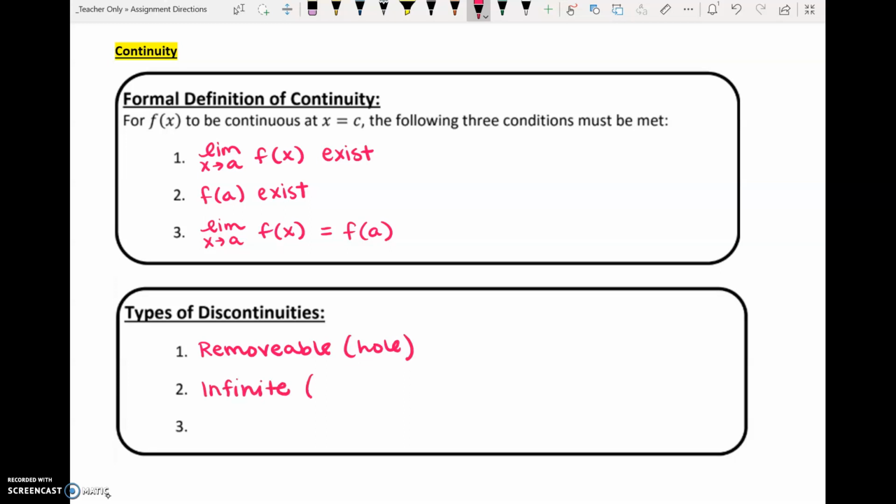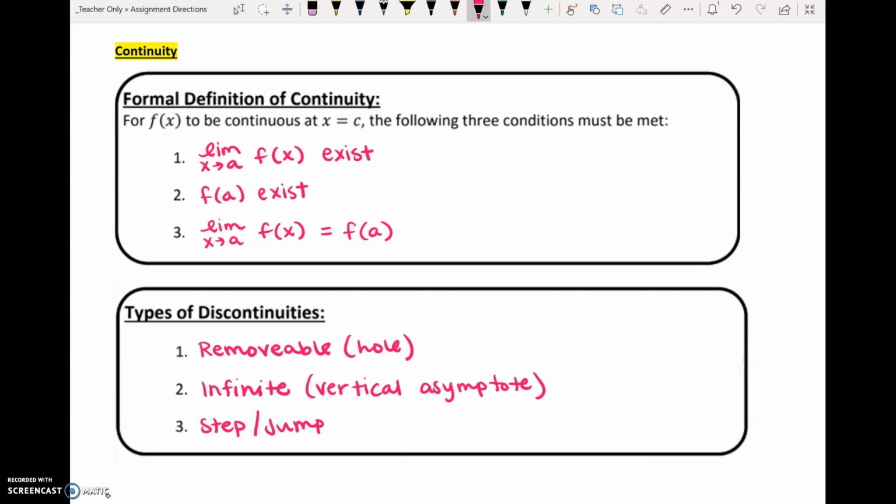And when we have an infinite discontinuity, that looks like a vertical asymptote. And the last kind is a step or jump discontinuity, which looks like when the limit from the left is not equal to the limit from the right. That gives us a step or a jump discontinuity.